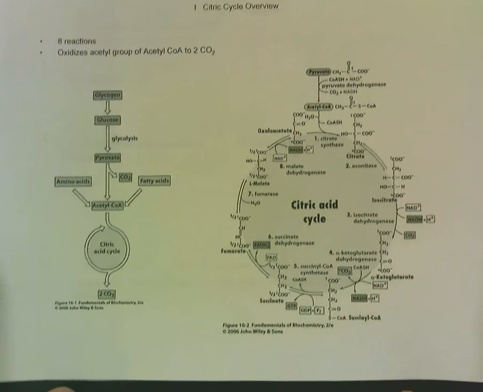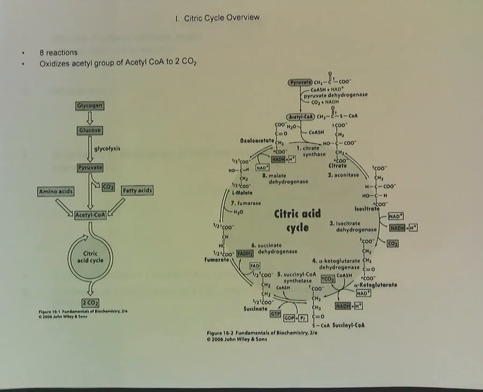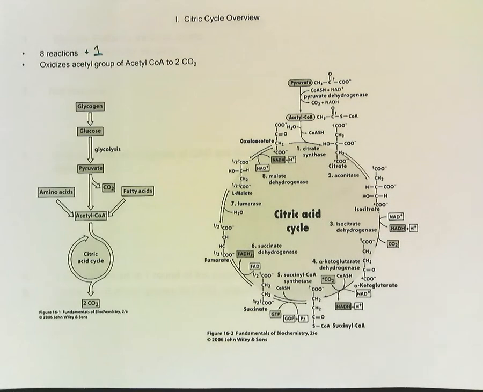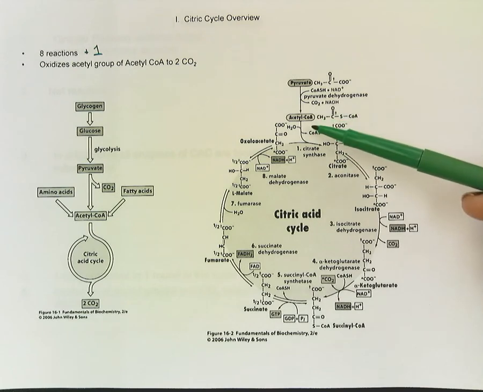All right, so I just want to go over this and then we'll spend Wednesday, Friday, most of next week going through this. So, as our introduction, there's 8 reactions plus 1. Because officially the citric acid cycle starts with acetyl-CoA.